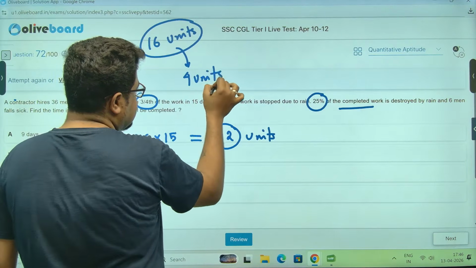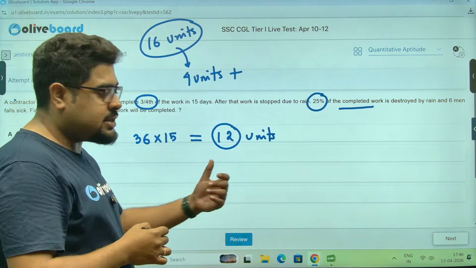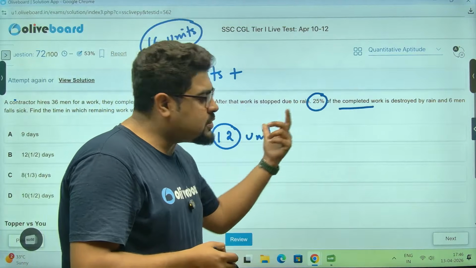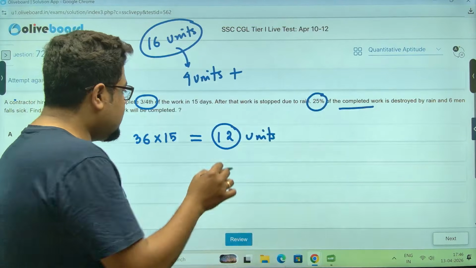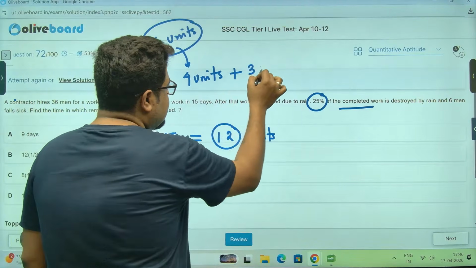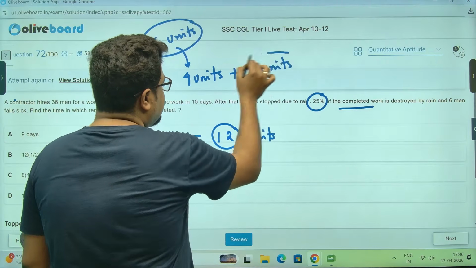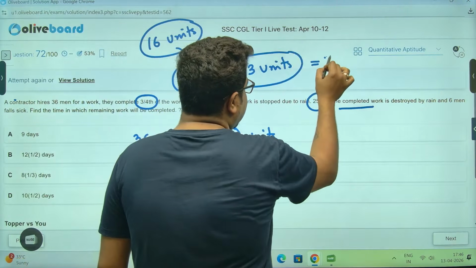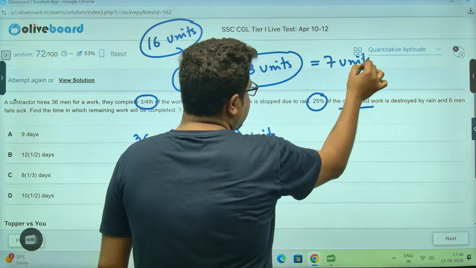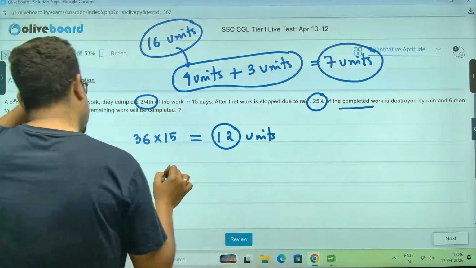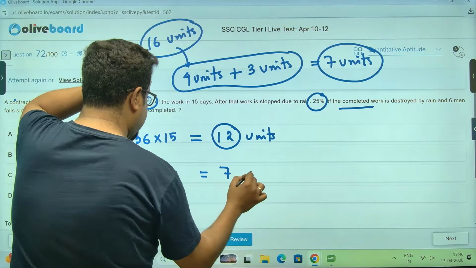But some extra work we need to do, because 1/4 of the completed work was destroyed by rain. 1/4 of 12 is 3 units. So now we need to do 7 units of work.